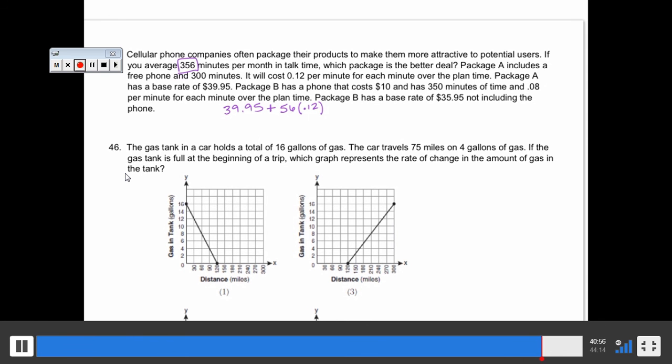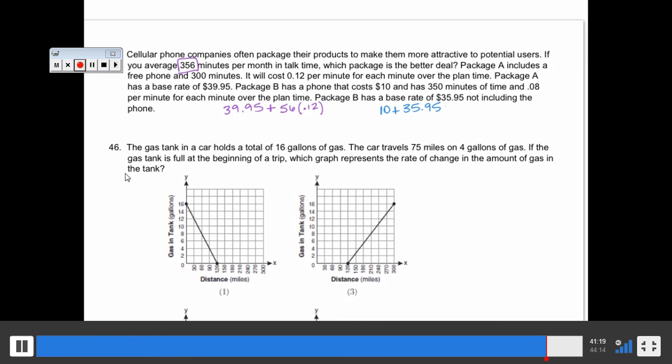It says package B has a phone that costs $10 and then 350 minutes of time and 8 cents per each minute over that planned time. Package B has a base rate of $35.95, not including the phone.